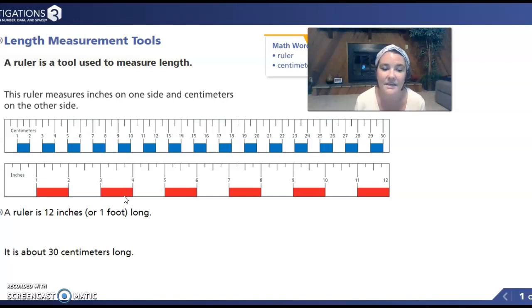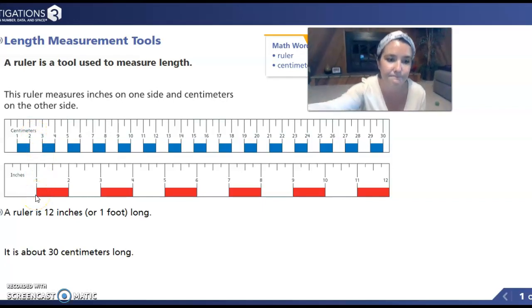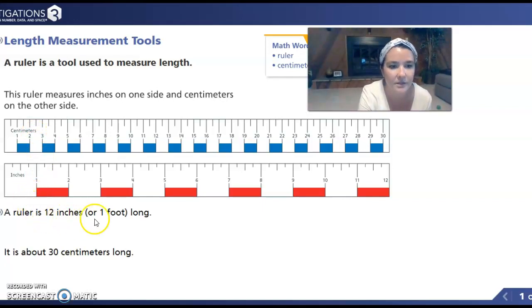I notice that 1 inch is bigger than 1 centimeter. So here's 1 centimeter, but over here is 1 inch. A ruler is 12 inches long, or a foot. So 12 inches equals 1 foot. And one ruler, 12 inches, is about 30 centimeters.